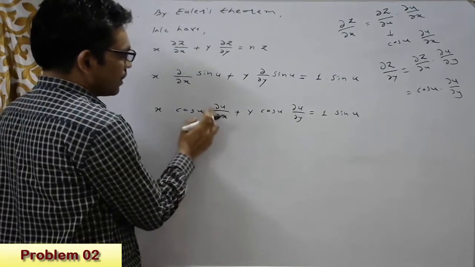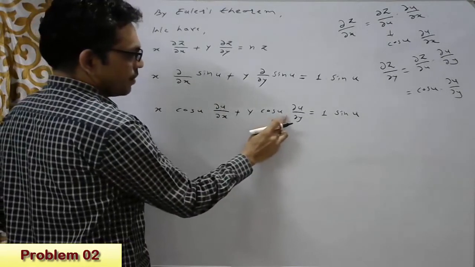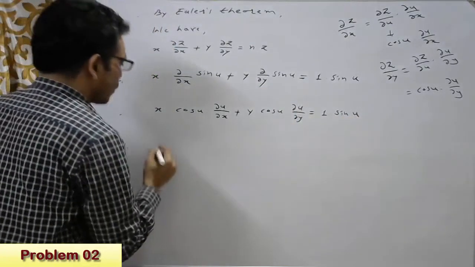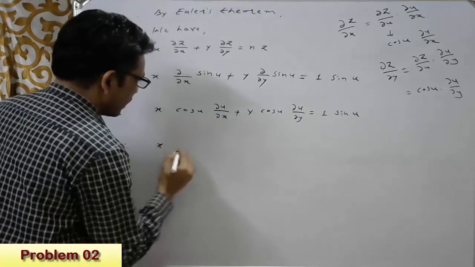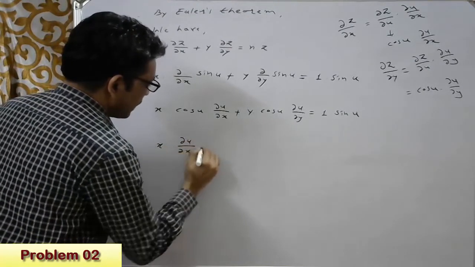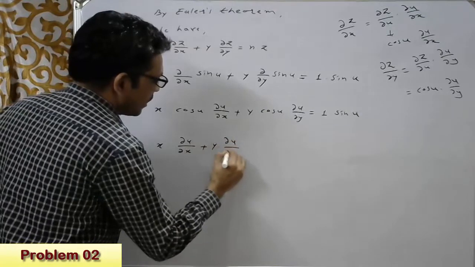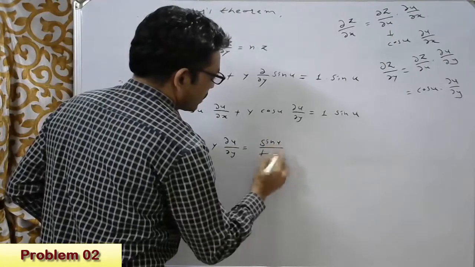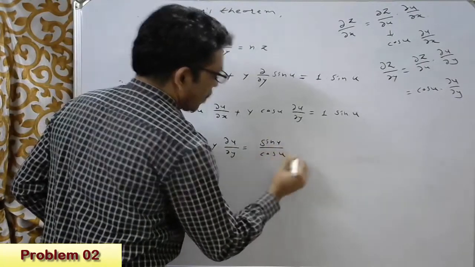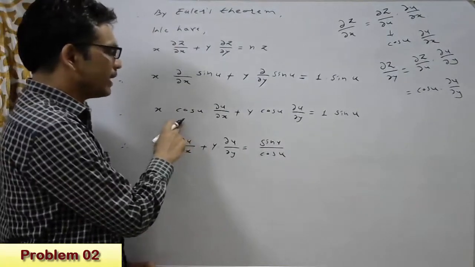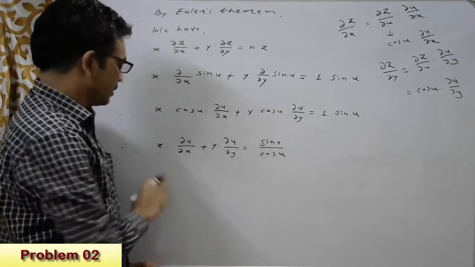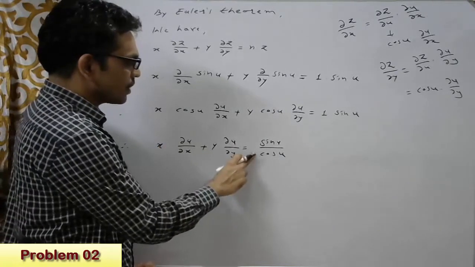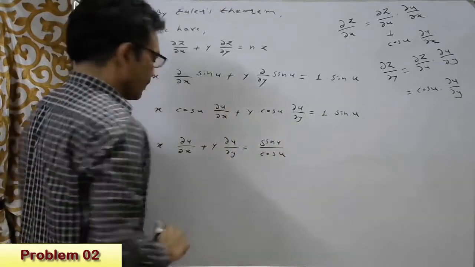Then therefore here x into cos u into del u by del x plus y into cos u into del u by del y is equal to sine of u. Now dividing by cos of u on both sides, we get x into del u by del x plus y into del u by del y is equal to sine u divided by cos of u.